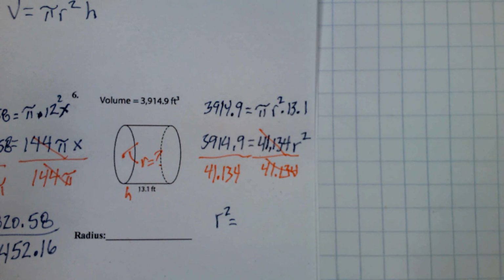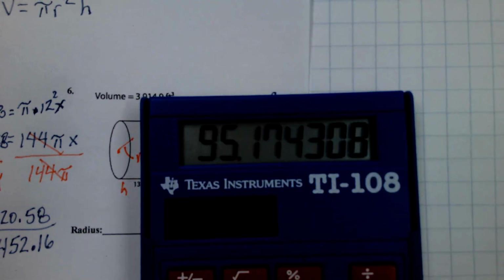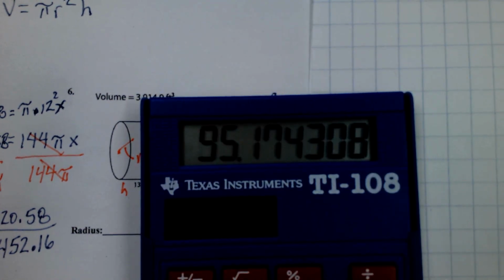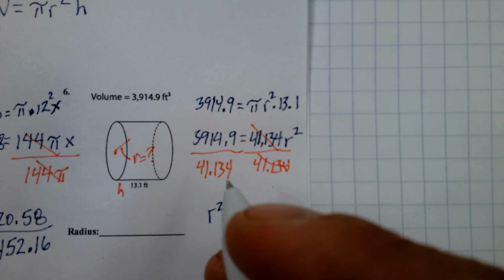So now let's do 3,914.9 divided by 41.134. I got this. And what do we have to do from there? Square root it. Oh God, that's an ugly number.